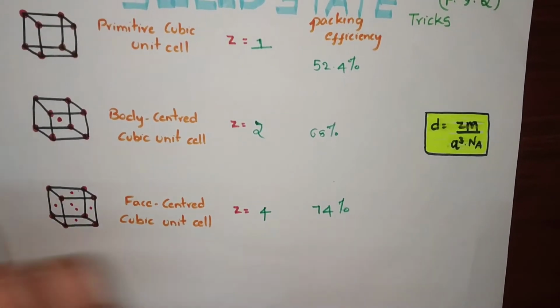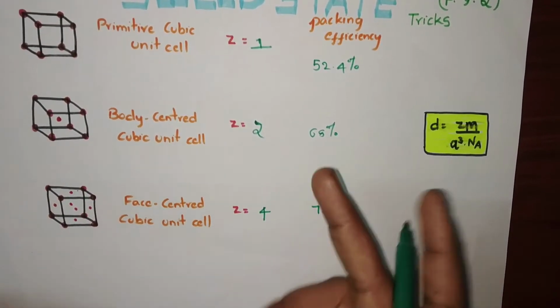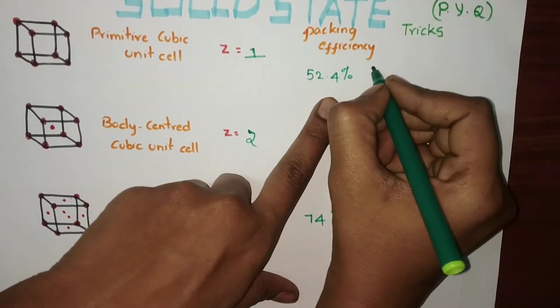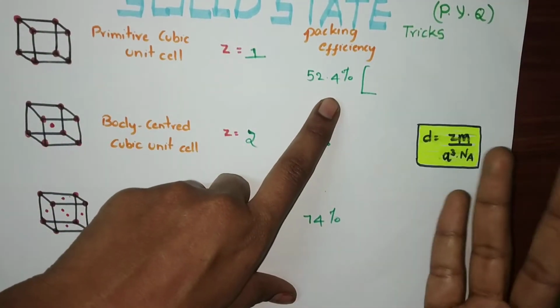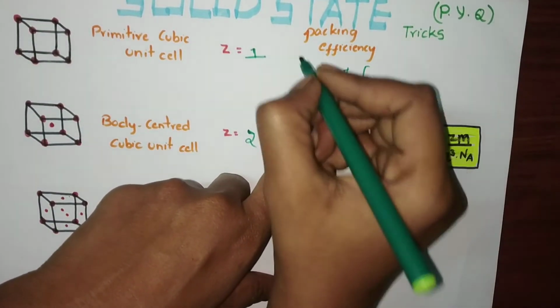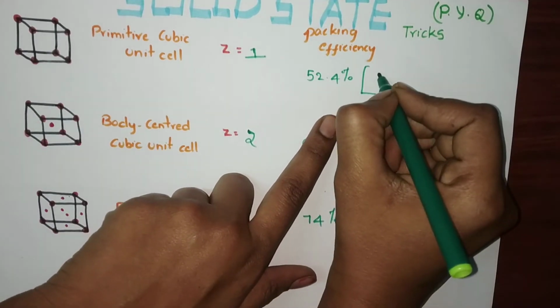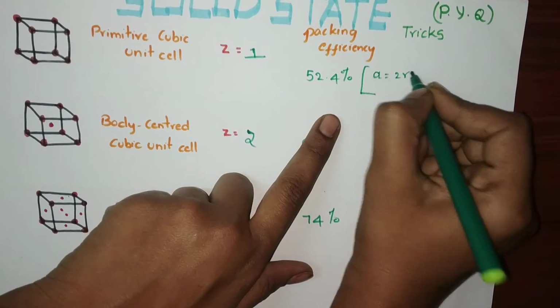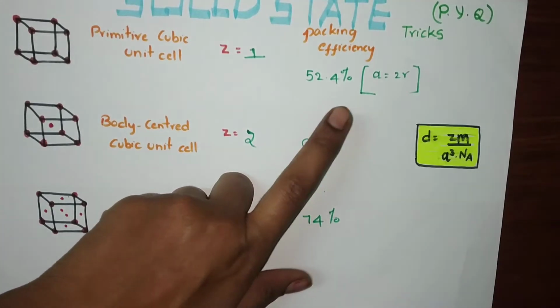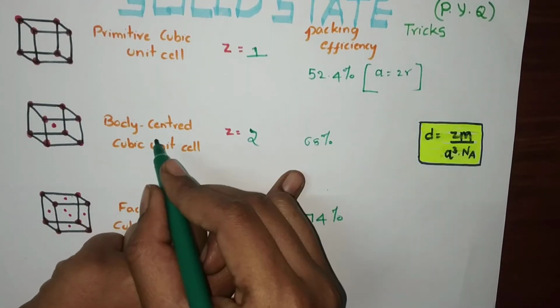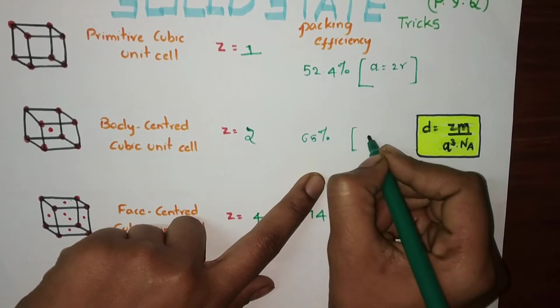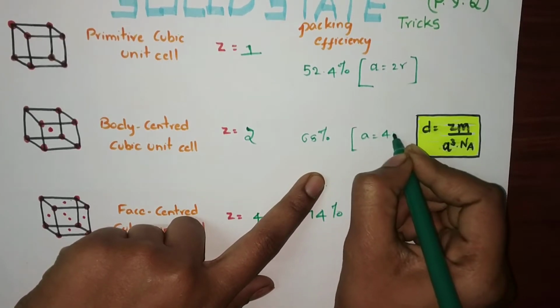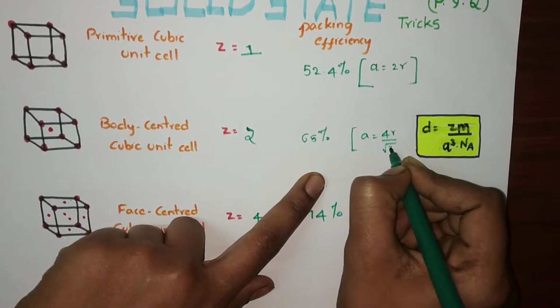And the relation between a and r. See, this is very important. Advanced questions we are going to solve. For simple cubic, edge length is equal to twice the radius. And for BCC, a is equal to 4r by root 3.